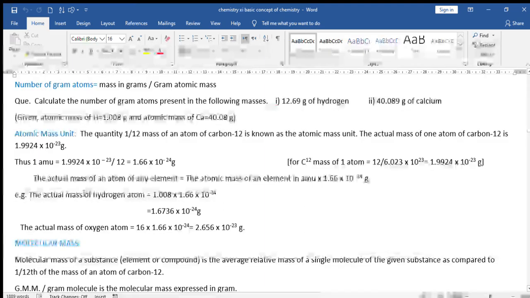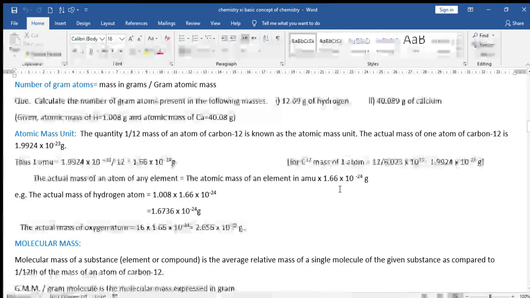The actual mass of an atom of any element is equal to the atomic mass of the element in AMU into 1.66 into 10 to the power minus 24 gram. It means if we want to change atomic mass units into gram, we have to multiply the atomic mass in AMU by 1.66 into 10 to the power minus 24 gram.